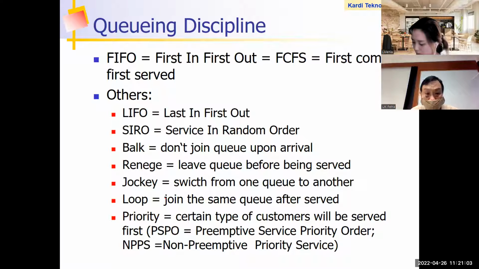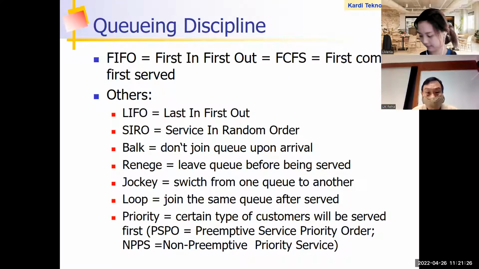Renege means they leave the queue before being served. Jockeying: when there are multiple servers and multiple lines, they move to another line. This is possible behavior.